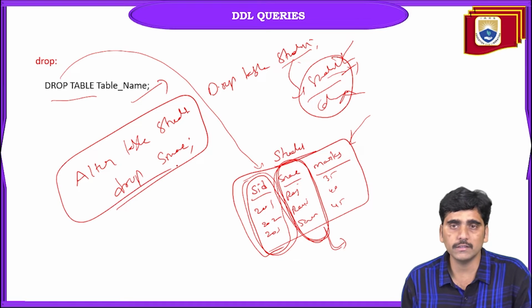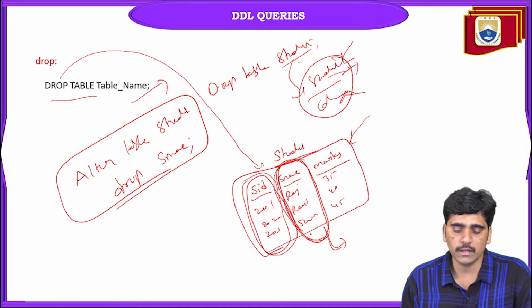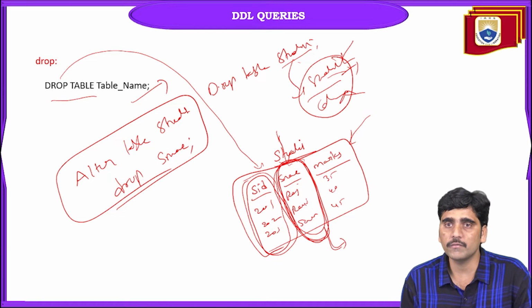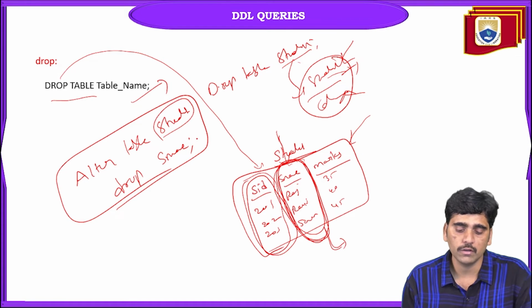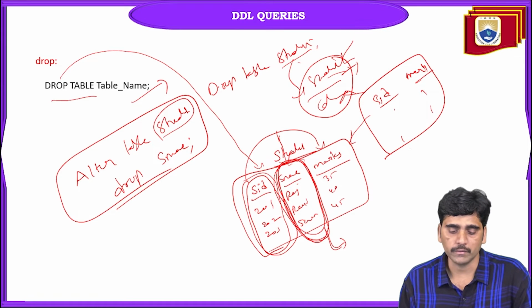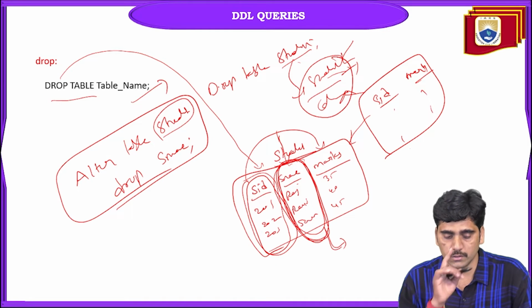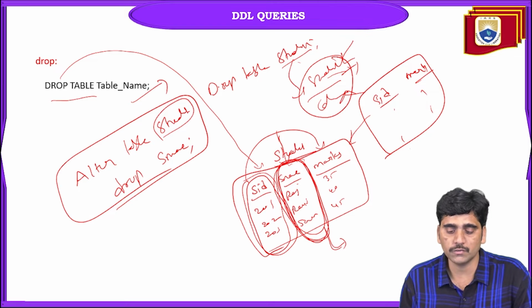If you specify this, then sname is completely dropped. The sname records will be completely dropped from this student table. So what will the altered structure be? SID and marks. Only these two columns will remain. This is what we have to understand from drop.